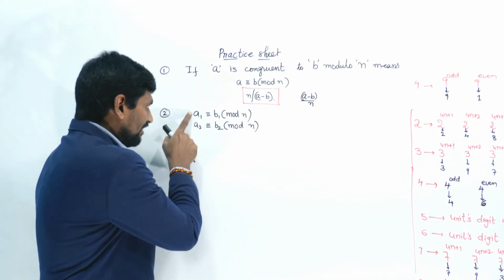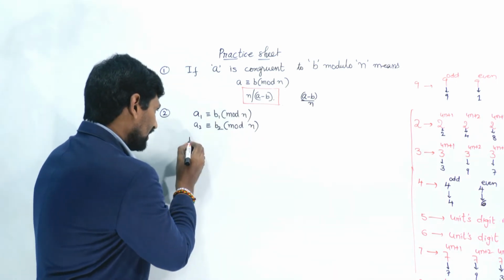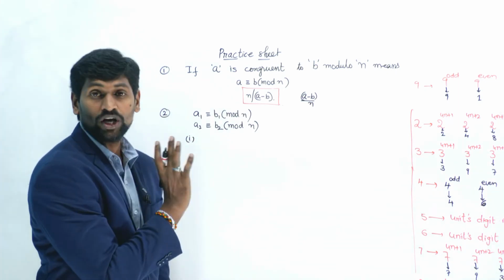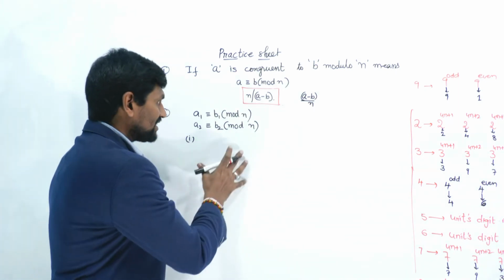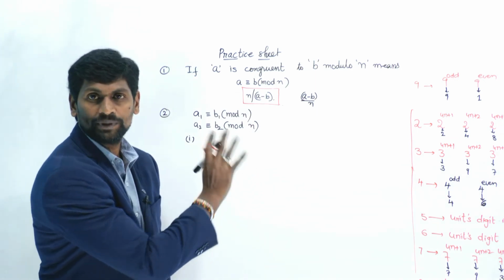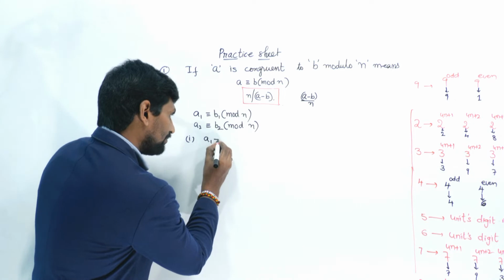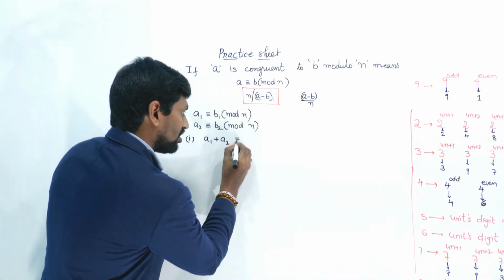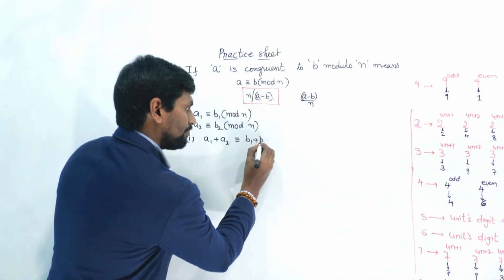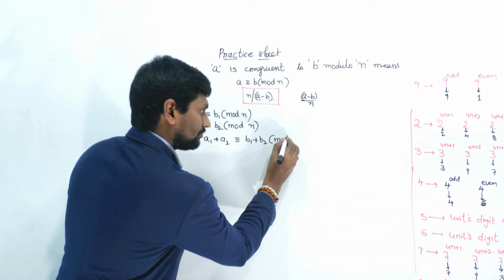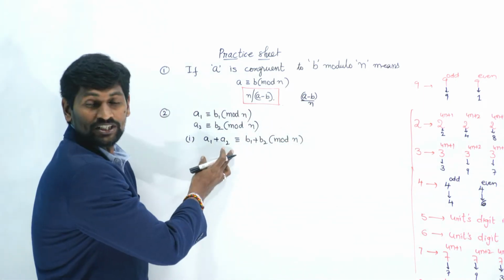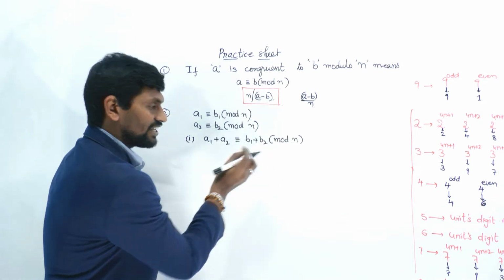I am not writing the options here, I am just writing the properties of these congruence rules. A1 plus A2 is congruent to B1 plus B2 mod n. That means LHS parts we can add, RHS parts we can add.